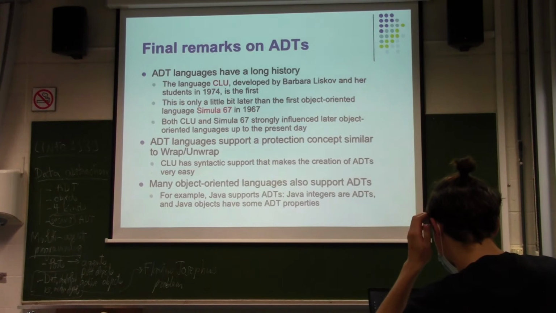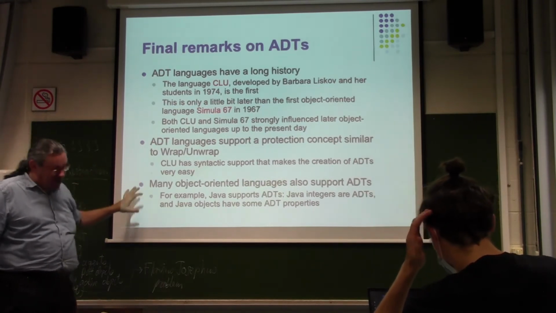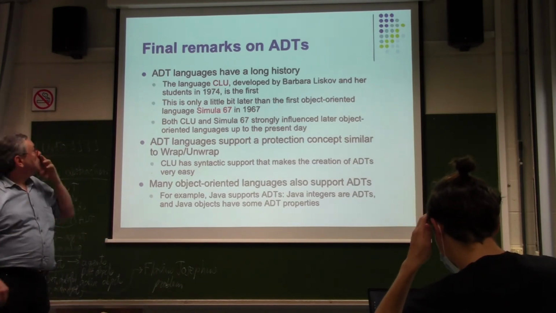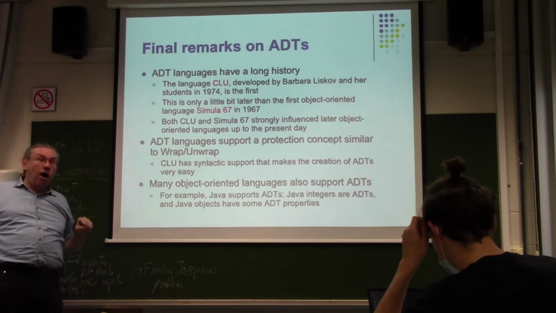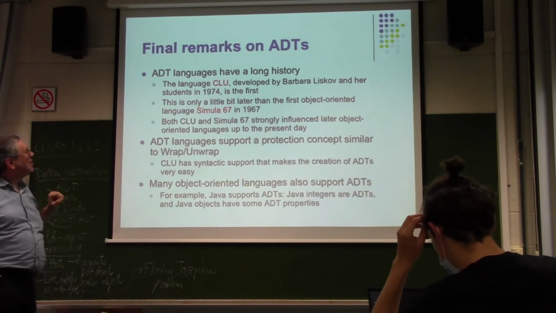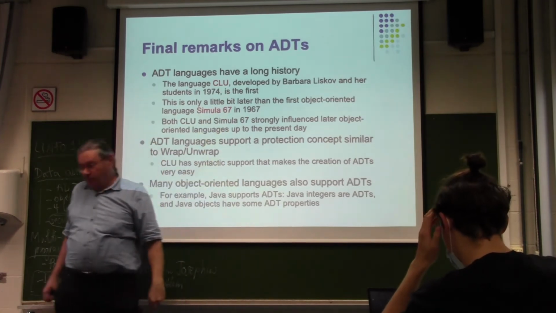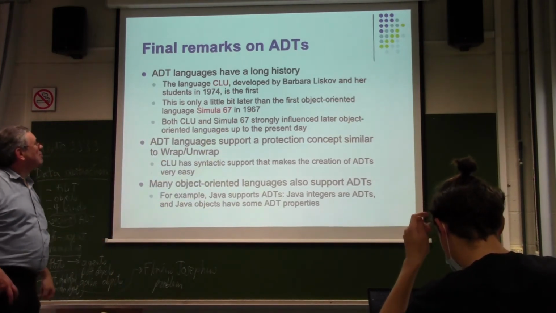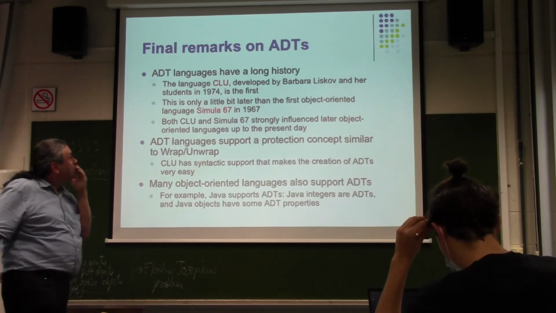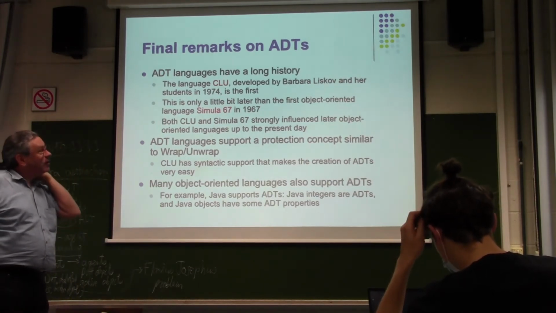Okay, let me make some remarks now on abstract data types. What I'm telling you is not new. It's actually very old. There are languages that are not object-oriented, but are abstract data type languages. Okay? And the first one is called CLU. Probably nobody remembers it. It was developed by Barbara Liskov. Barbara Liskov was one of the founders of data abstraction.